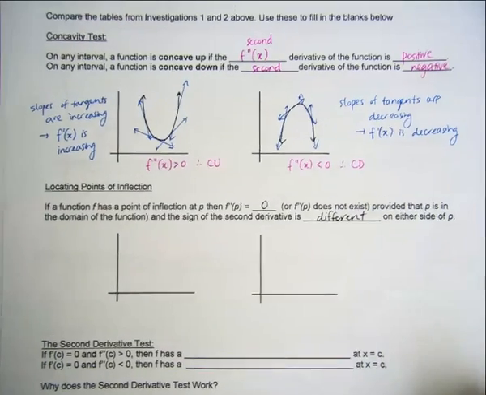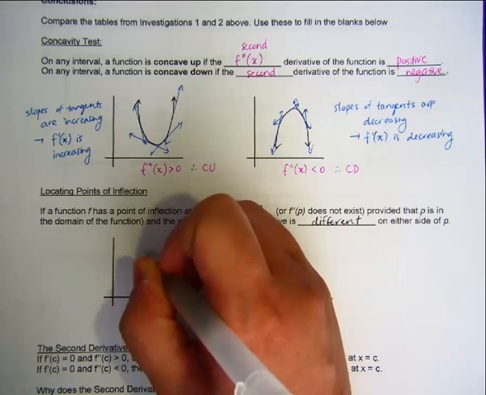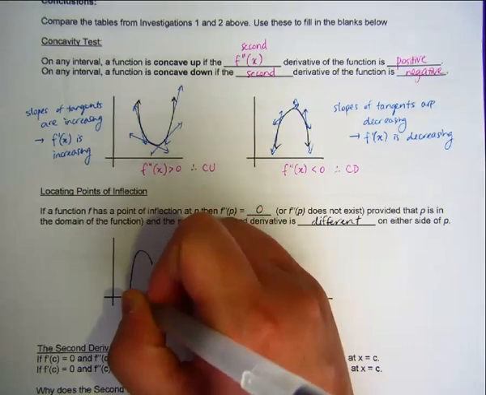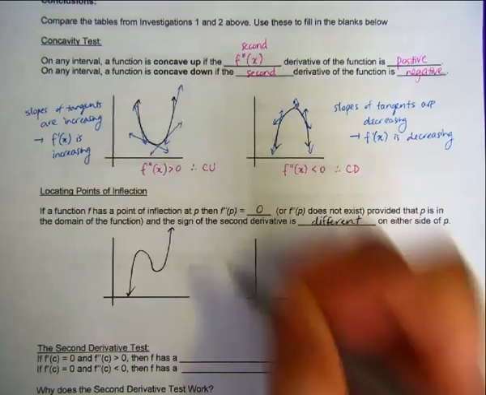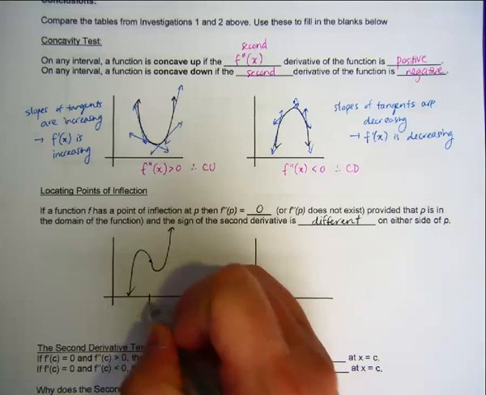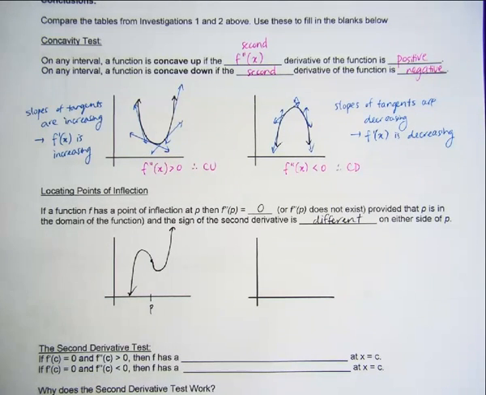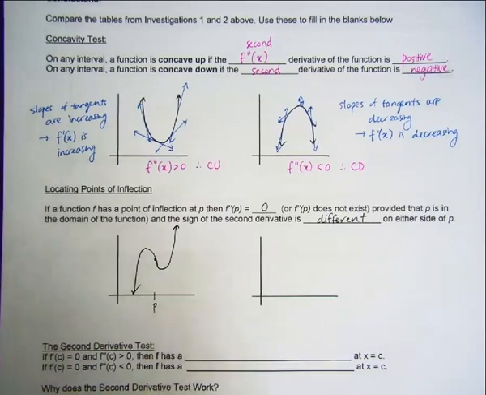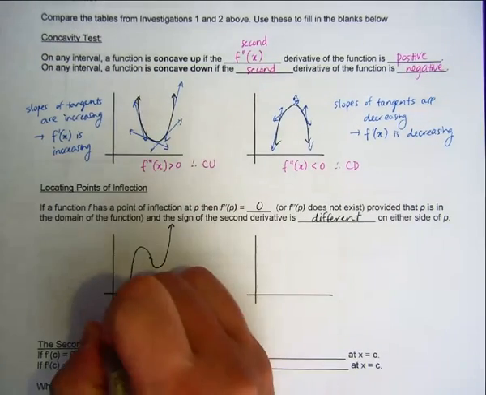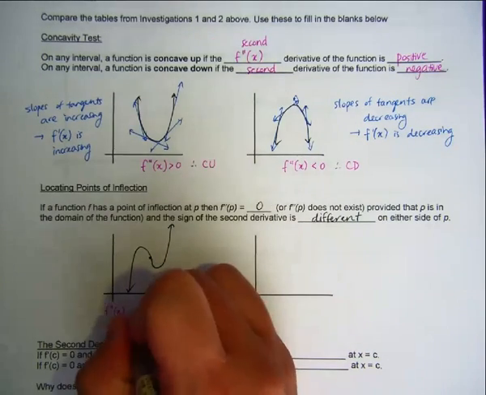So if I give you a quick sketch of the function, maybe a cubic one, like so. Here, this is going to be our point of inflection at x equals p. So to the left of x equals p, our second derivative is going to be negative because the function is concave down.